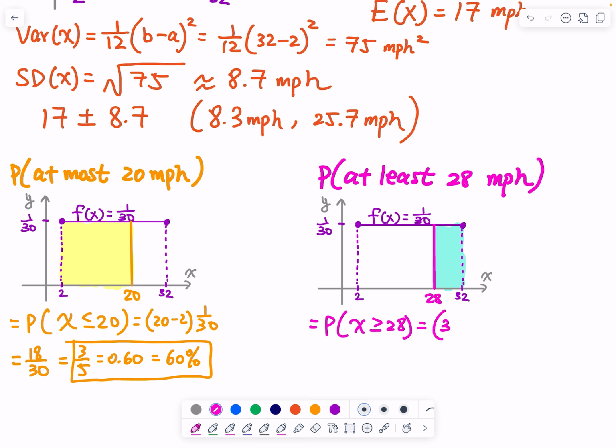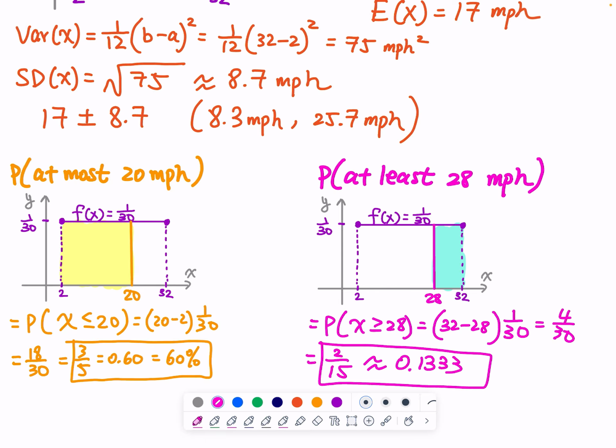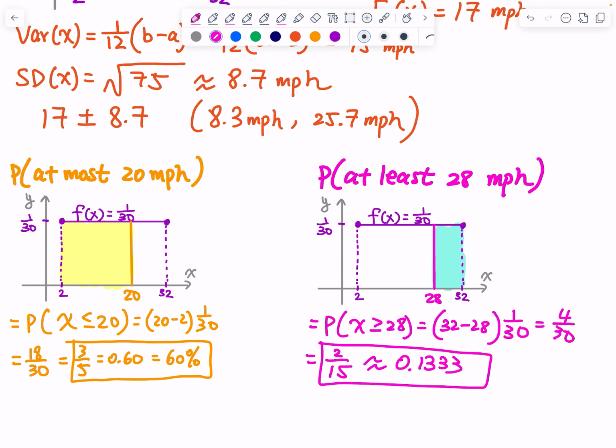I will find the base, 32 minus 28, times the height, 1 over 30. This is equal to 4 over 30, which is 2 over 15, approximately 0.1333. There we go. Those are two of the probability questions that we can do.